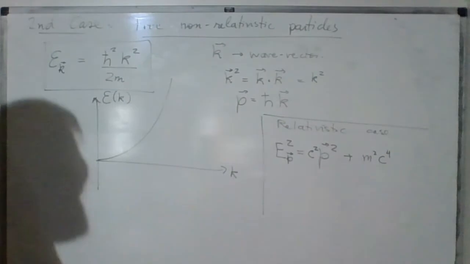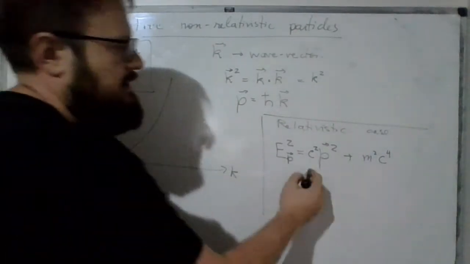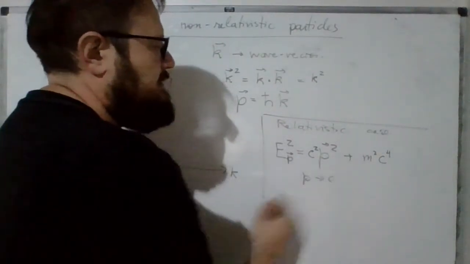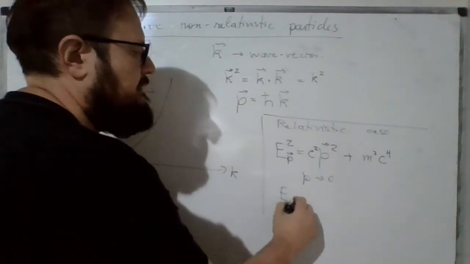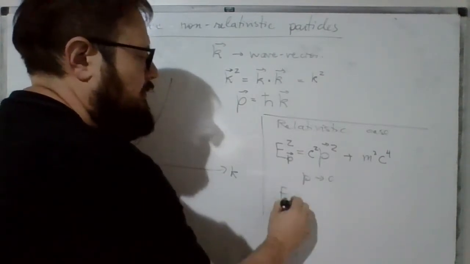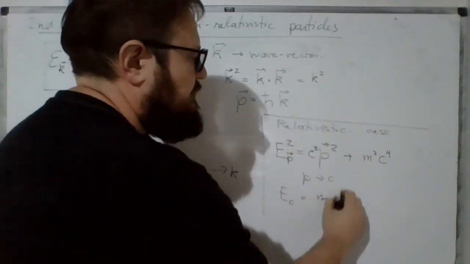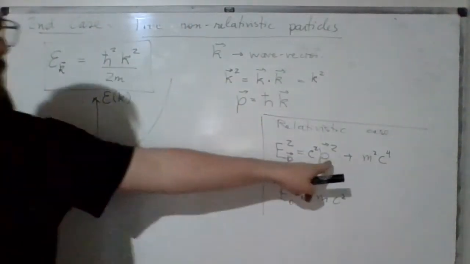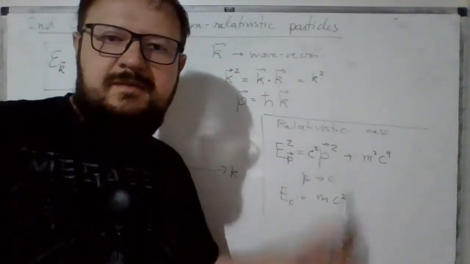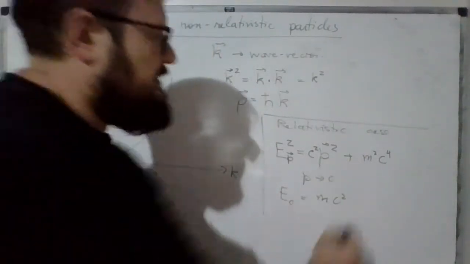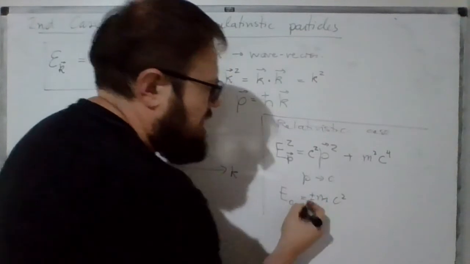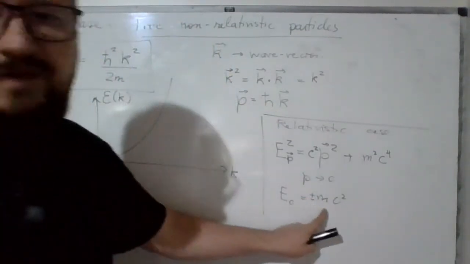Okay. In the case, remember, of p going to zero, your energy will be the rest mass if you take the square root of this equation, so mc squared. But if you allow some kinetic term here, the energy has two solutions, a plus and a minus mc squared.